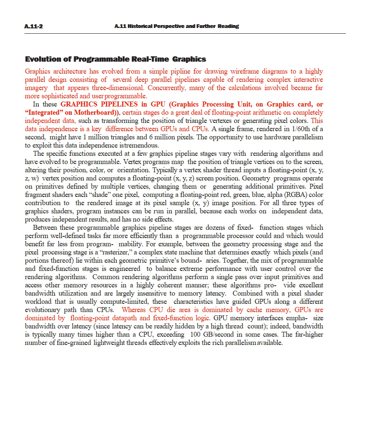For one thing, you can do some complex floating point arithmetic. We've talked about that in most courses that you've had with me to some extent. You can do a great deal of floating point on completely independent data in parallel for rendering and for the graphics. Then down below here we see that whereas the CPU die area is dominated by cache memory, GPUs are dominated by floating point data path and fixed function logic.